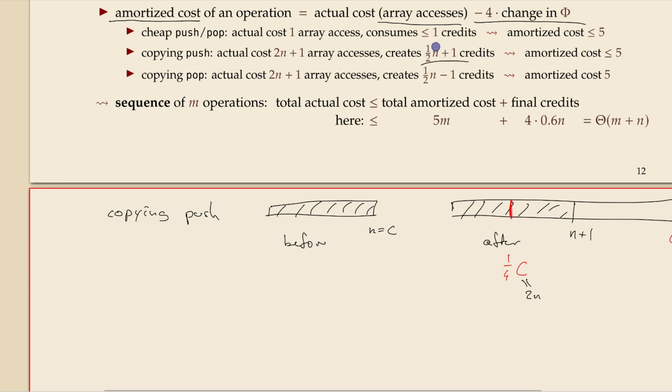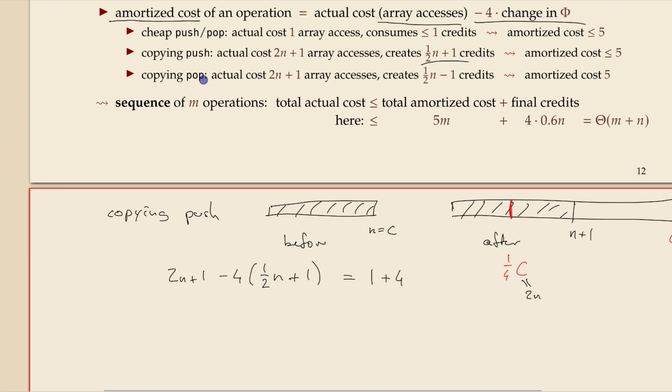But minus 4 times this is minus 2n minus 4, which magically happens to come out at, again, 5. Okay? So 2n plus 1. The 2n just cancels. And then what's left is the 1 and plus 4. Okay? So again, the amortized cost is at most 5.